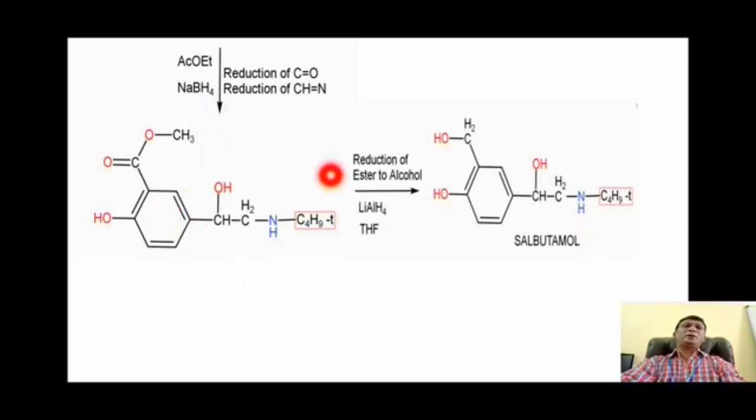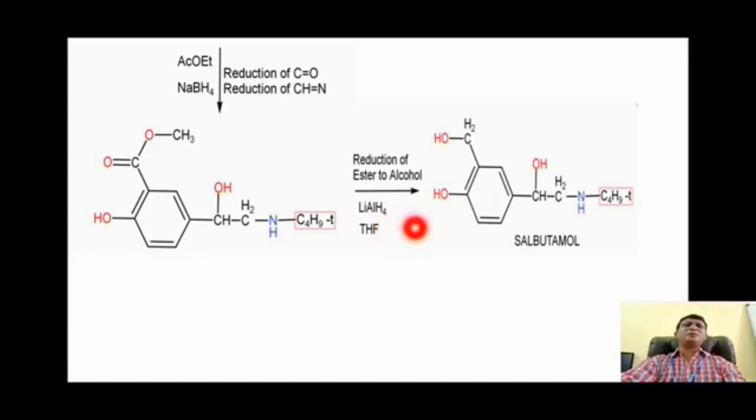When this molecule reacted with lithium aluminium hydride, that is LiAlH4, in presence of tetrahydrofuran, the reduction of this ester group takes place. Now it is very well known that for reduction of ester to alcohol, we always use lithium aluminium hydride, which is a very important selective and very expensive reducing agent.